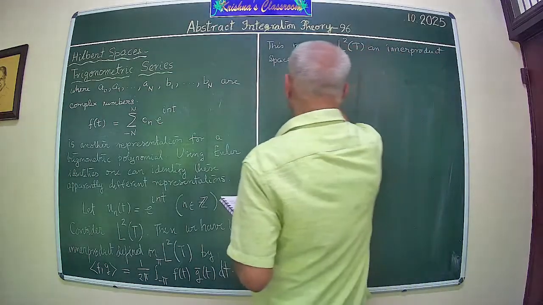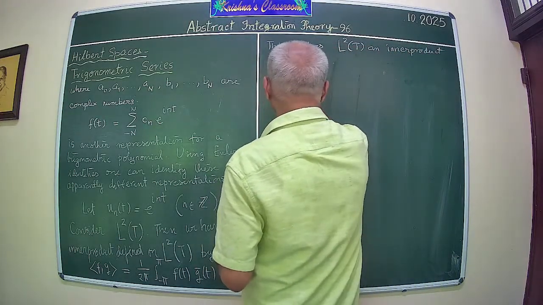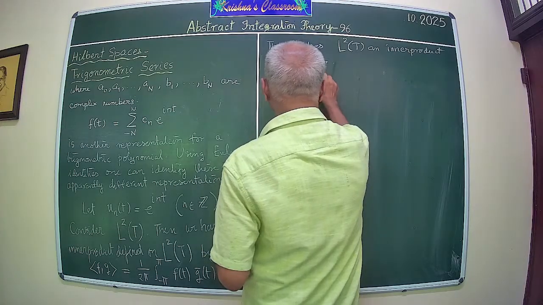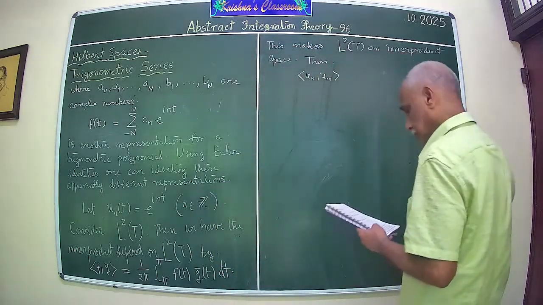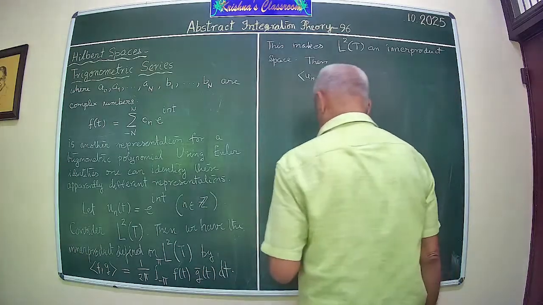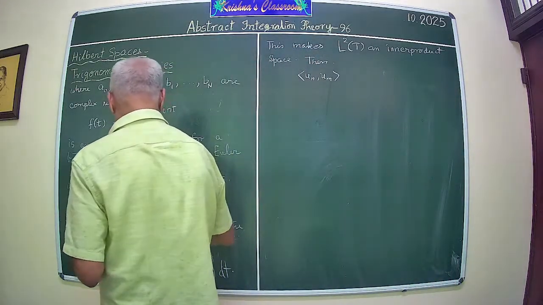Now we have the inner product of UN with UM, where UN is given by this.